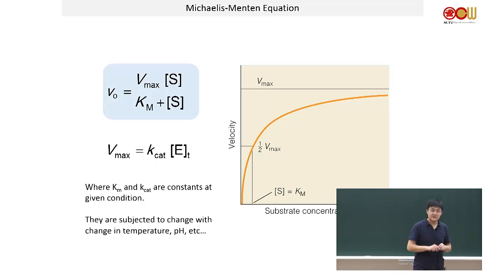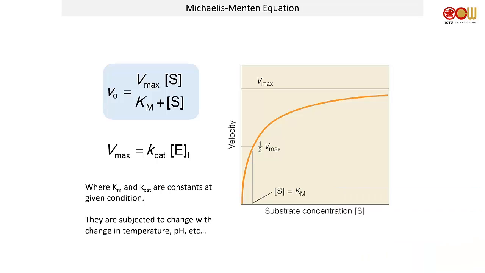So if you want to change Vmax of an enzyme-catalyzed reaction, what do you do? You add more enzyme. It's pretty simple. The only thing you can do is add more enzyme. And then it's divided by Km plus substrate concentration.